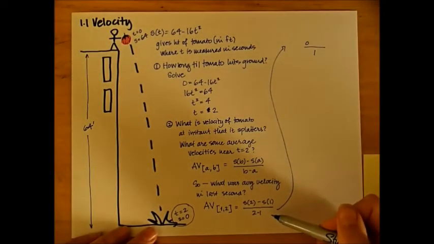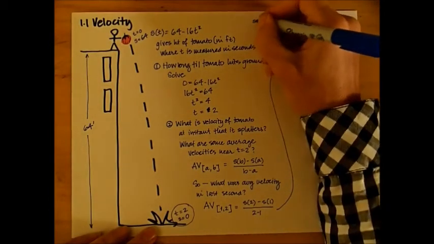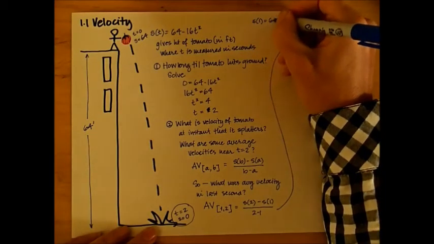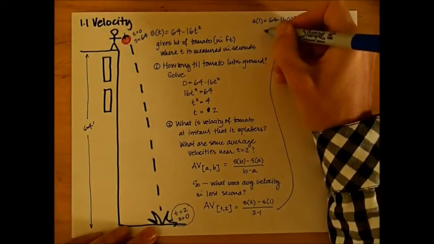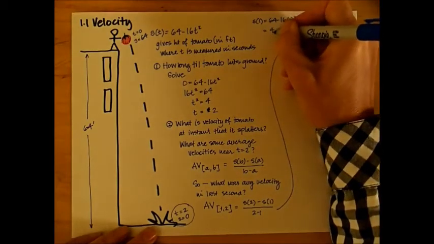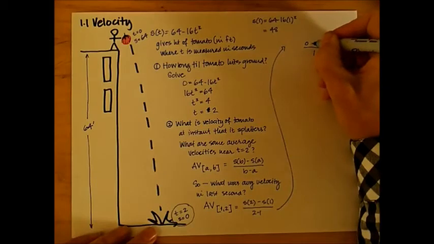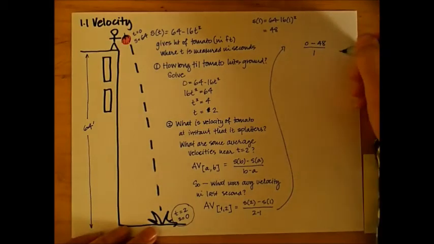What's s of 1? s of 1 is 64 minus 16 times 1 squared. 64 minus 16 is 48. So you get 0 minus 48 over 1, which is equal to negative 48.